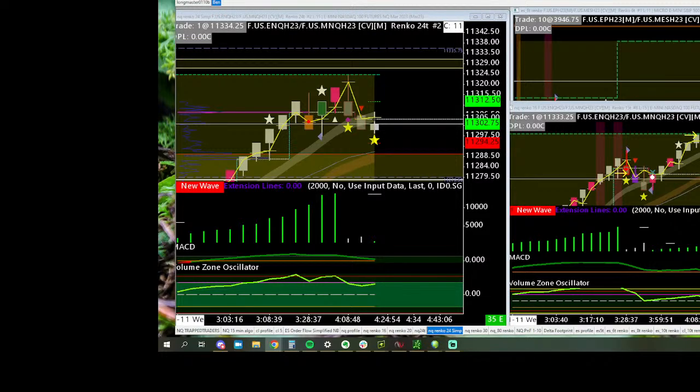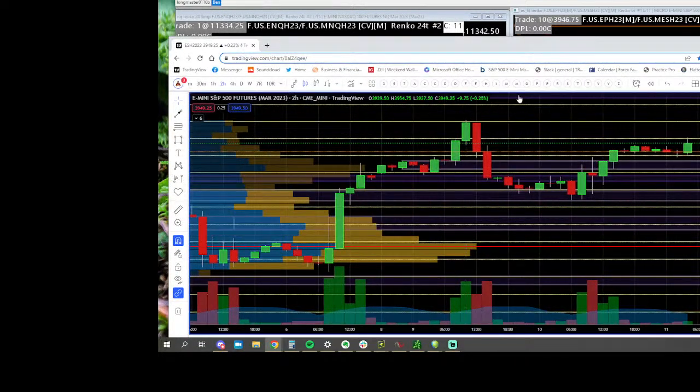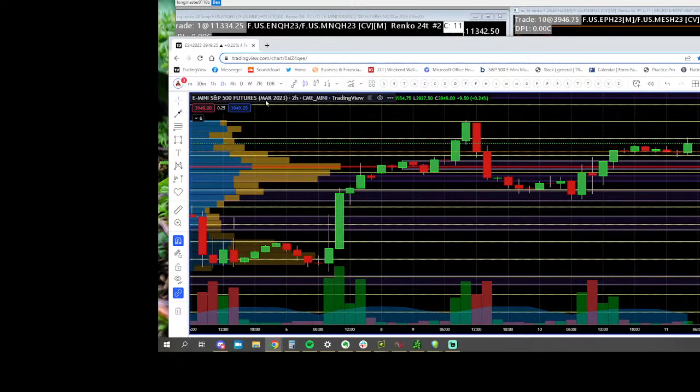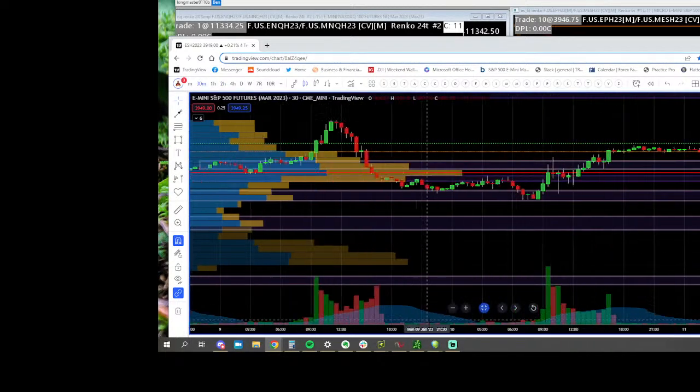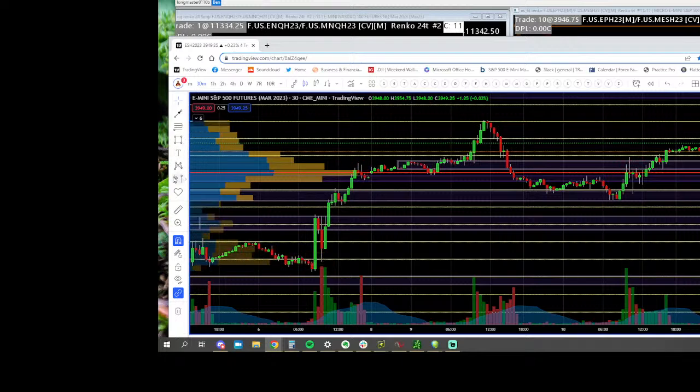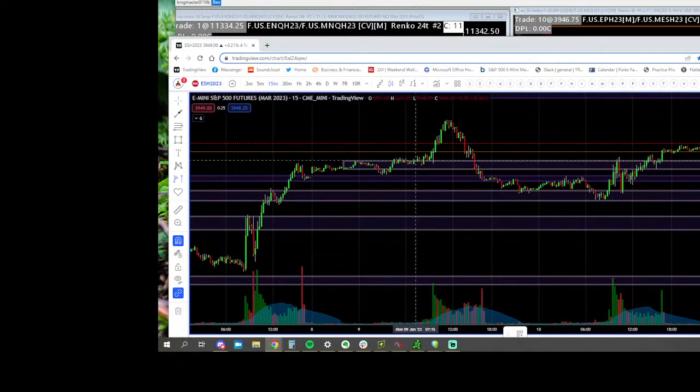But look at ES. Similar scenario. So see how this here. All right. So this here, we have to go smaller. I need to see the distribution down there.